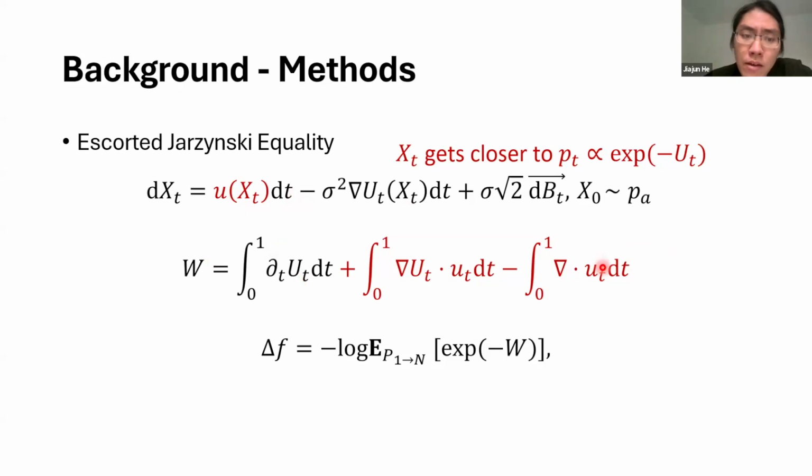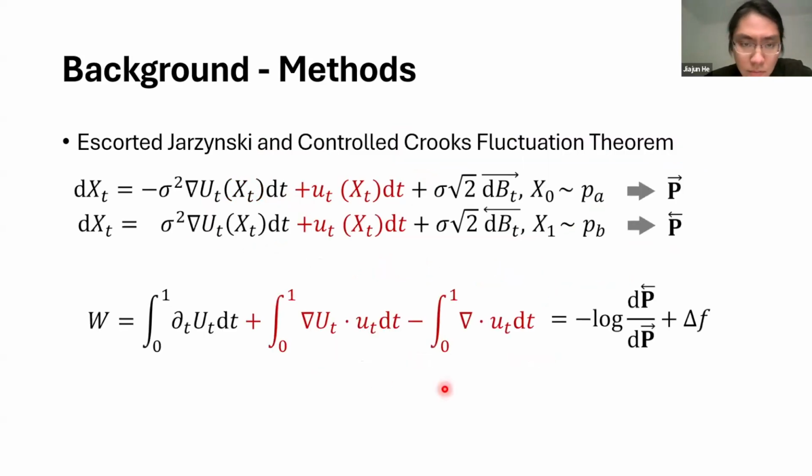So by carefully designing or learning this u, or anything to make u better, you can get an xt that gets closer to pt. In this way, you can reduce the variance of the estimator and also the bias.